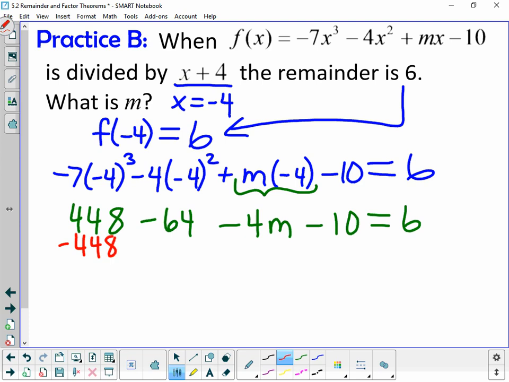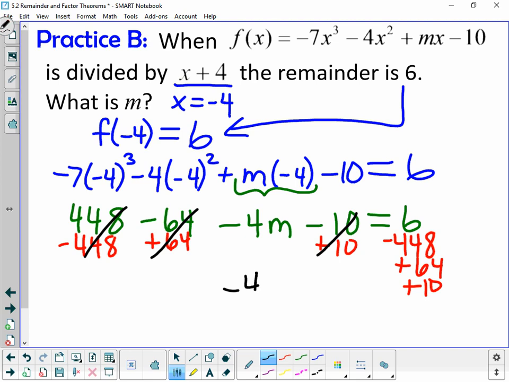We're going to try to get that m by itself. So I'm going to subtract that 448. I'm going to add a 64. I'm going to add 10. And I get negative 4m is the only thing left on that side of the equation.